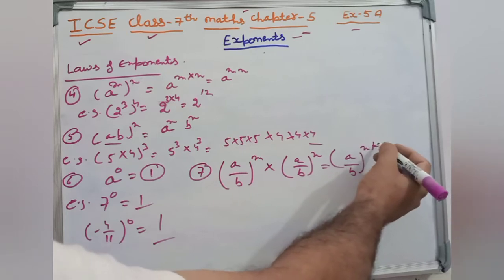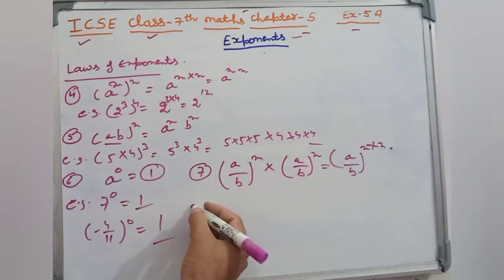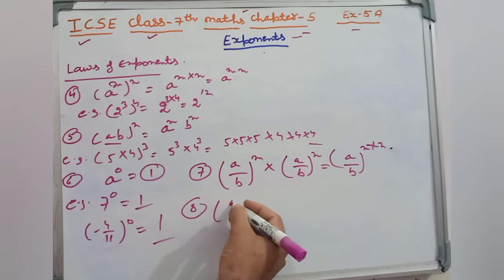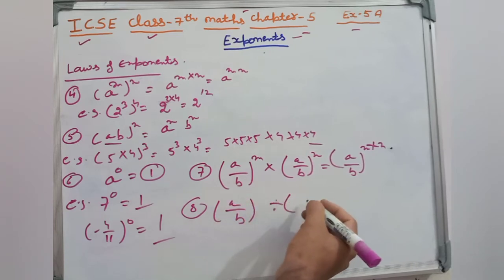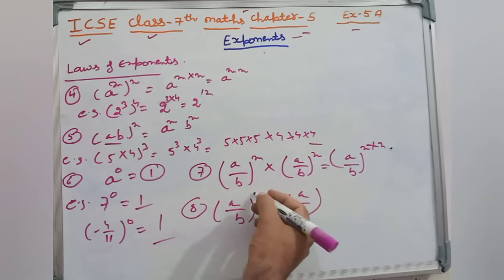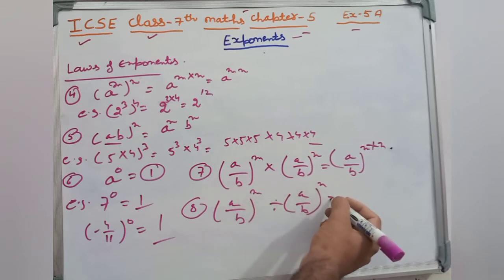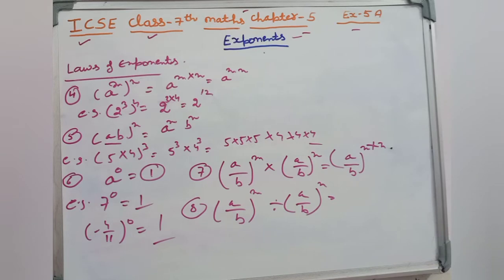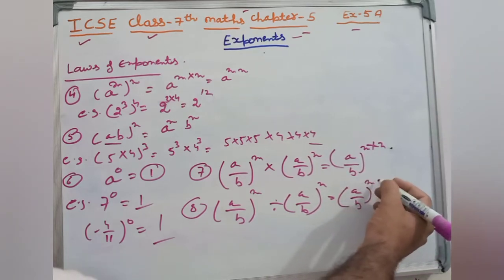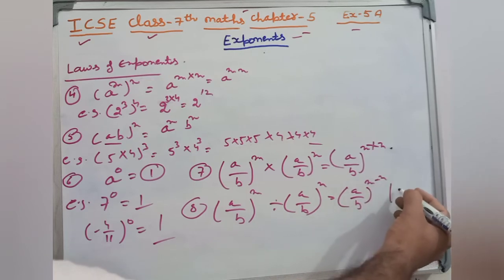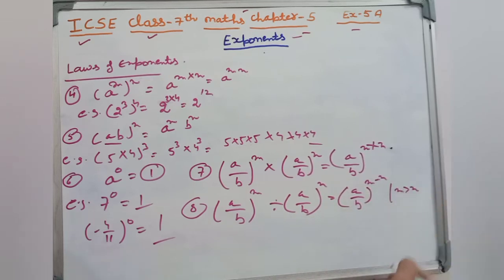In the same way, if I write a upon b raised to power m divided by a upon b raised to power n, the bases are the same, the powers are different. So the answer will be a upon b raised to power m minus n. The condition is m is greater than n. Right?